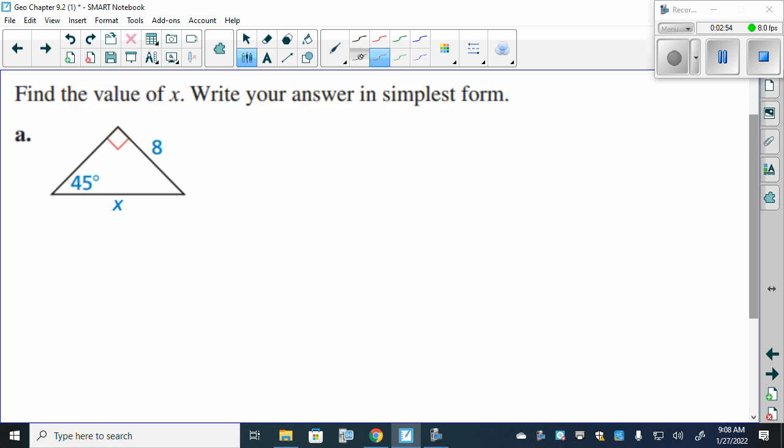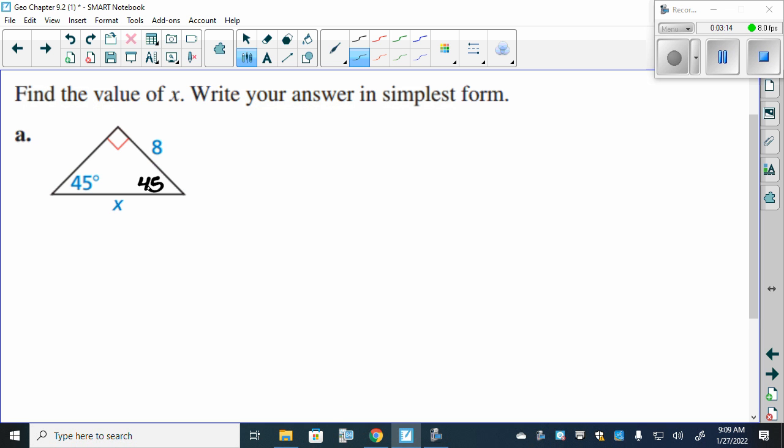So let's look at this first one here. If that's 45, this other angle has to be 45 degrees, because all three angles add together to be 180, one of them is 90, the other is 45, so the third angle that they didn't give us has to be 45.